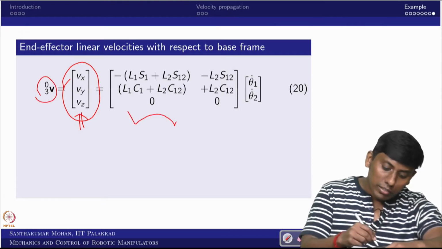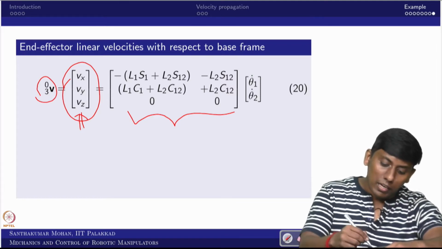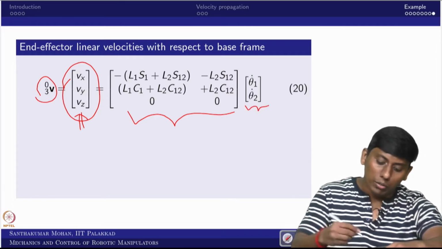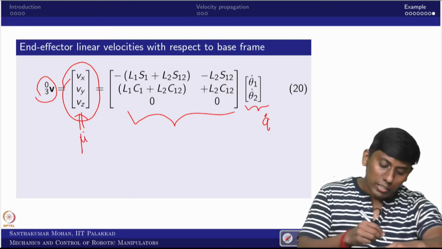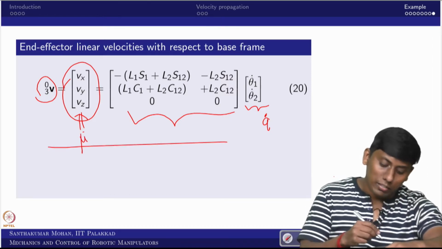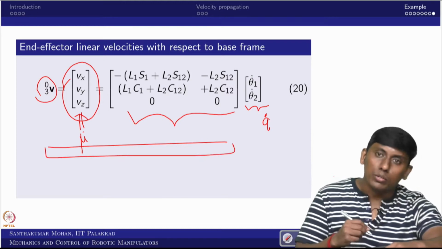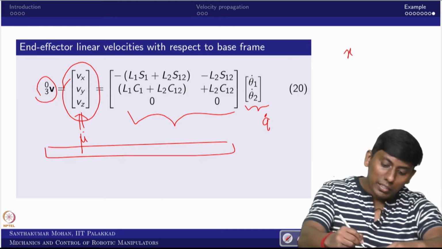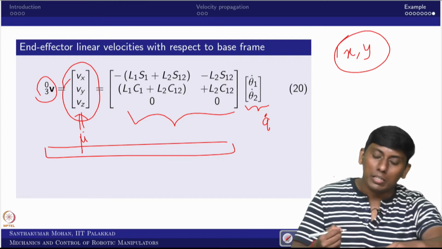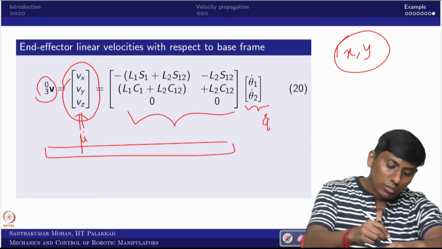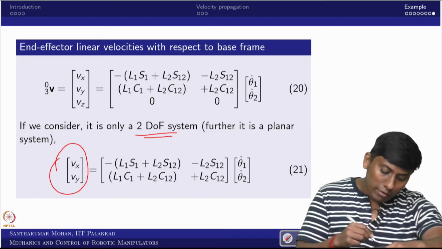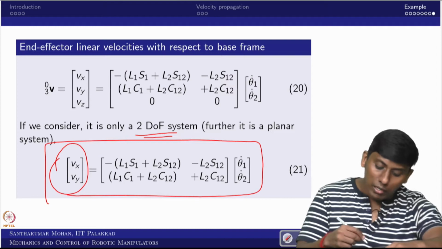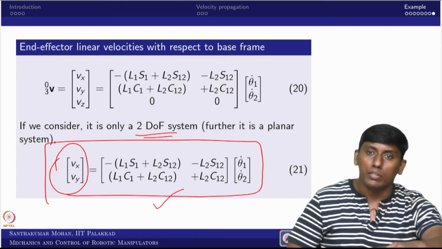This is the Jacobian matrix, and this is what you call q dot. But you know this is a 2R serial manipulator working in a plane, so it is going to be an XY positional device. In that sense you can make it a 2D system, and restrict to only Vx and Vy. Then this would be the original Jacobian matrix which we obtained.